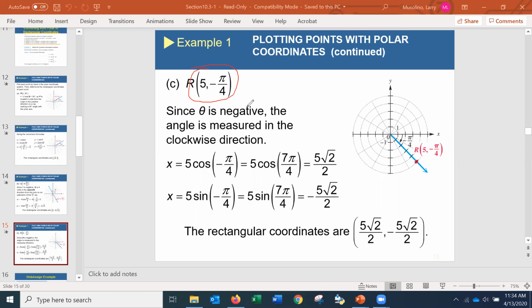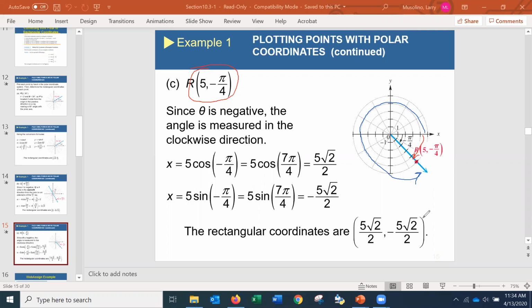Let me work instead with positive angles. So remember, when they give you a negative angle, they're just telling you the rotation is clockwise. So this rotation here was negative pi over 4. But instead, let me determine the rotation going in the positive direction.